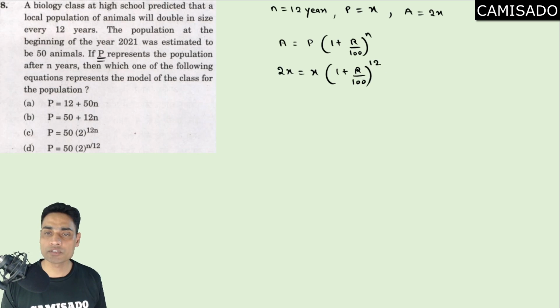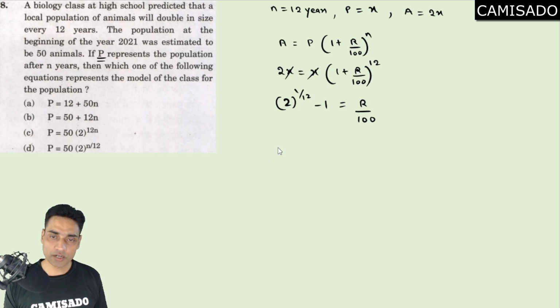Okay, so x cancels out itself, and 2 raised to power 1/12 minus 1 equals R upon 100. This is the value of R upon 100. Now we can cross multiply it also, but R upon 100 is sufficient for getting this question.